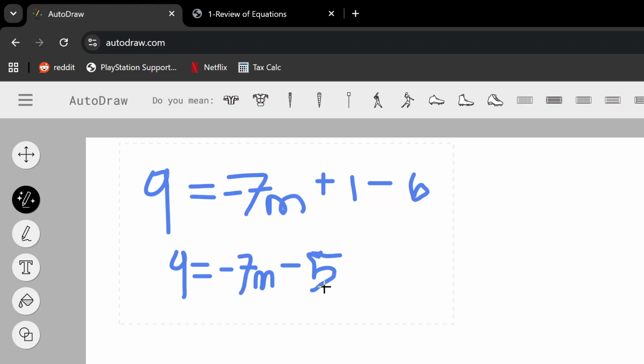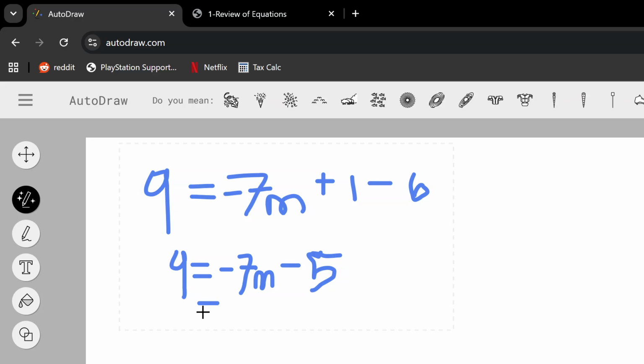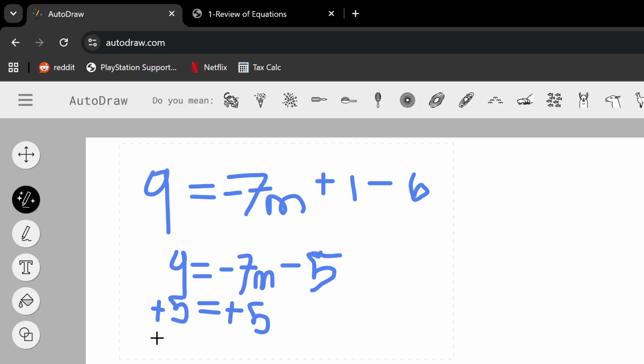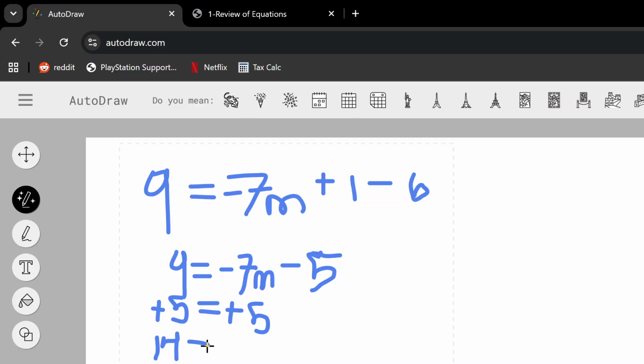So we add 5 to both sides. Now 5 plus 9 equals 14, equals negative 7m.